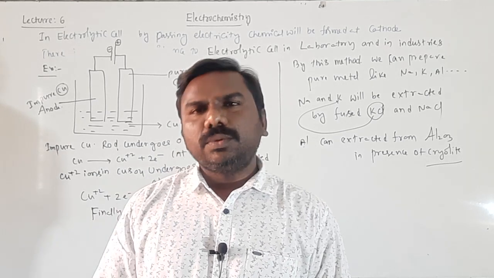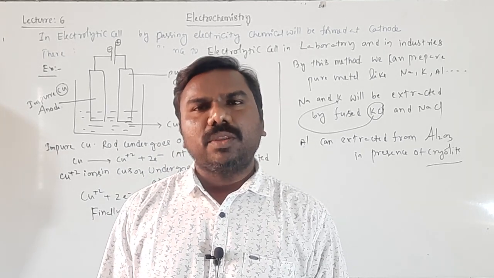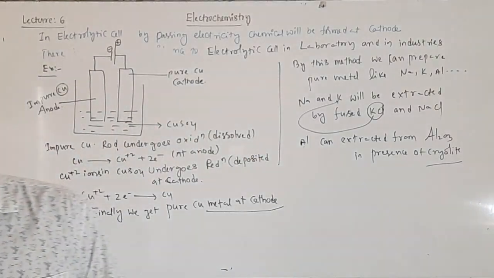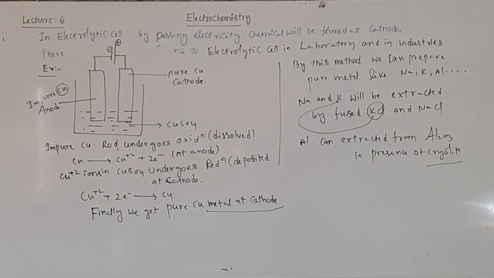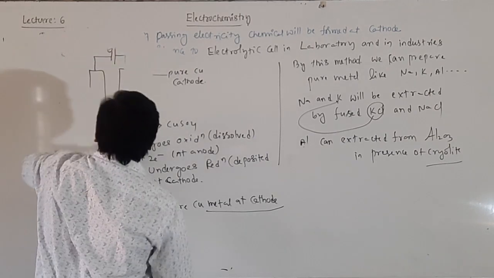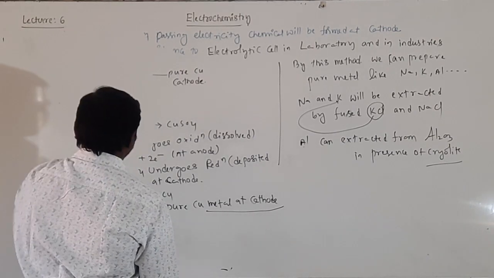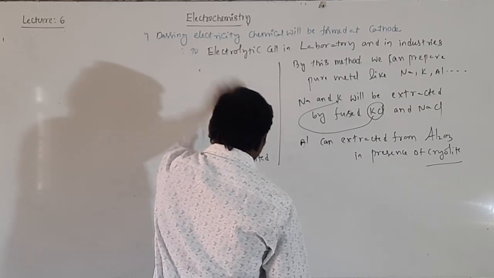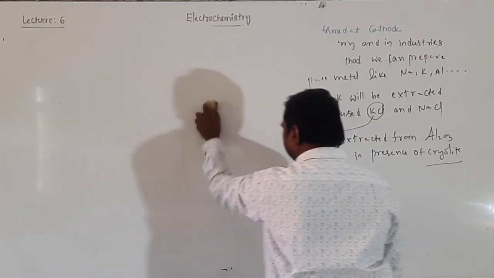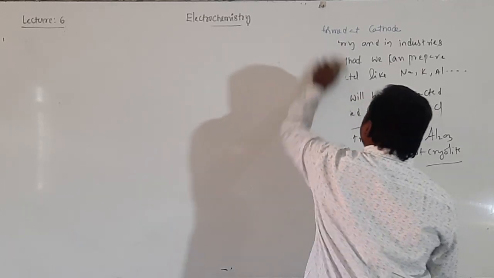So now, to extract those metals at the cathode, how is it possible? We'll observe now. Products of electrolysis. This is our topic, students.